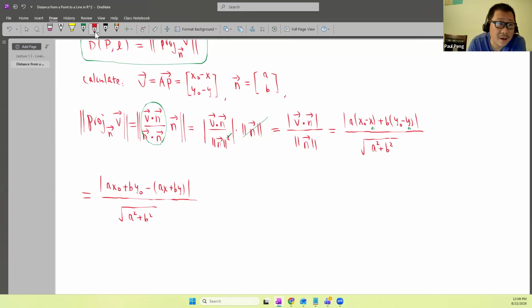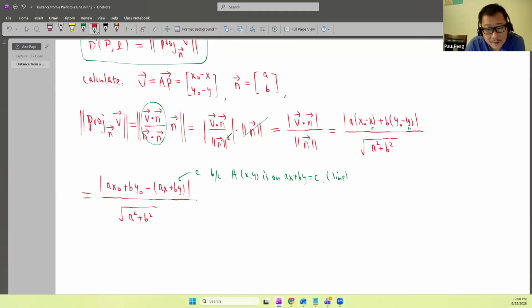Okay, put them together. This one is c, because a coordinate x y is on the line. Ax plus by equals c. This is the line we talk about. So therefore, ax plus by is c. Okay, so we can take this away.